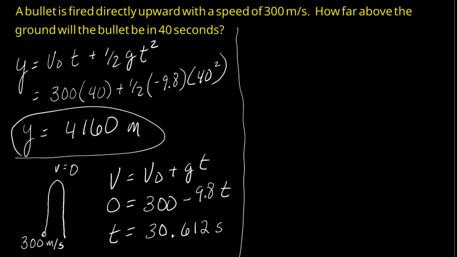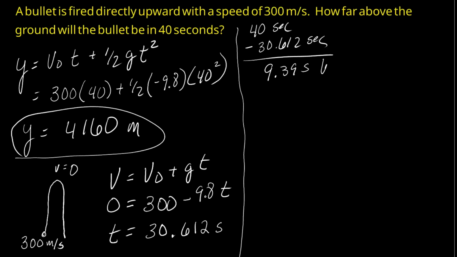Okay, let's subtract. My total trip is 40 seconds. So if I subtract from that 30.612 seconds, that means it's going to be falling 9.39 seconds. That's how long it's going to be going downward.